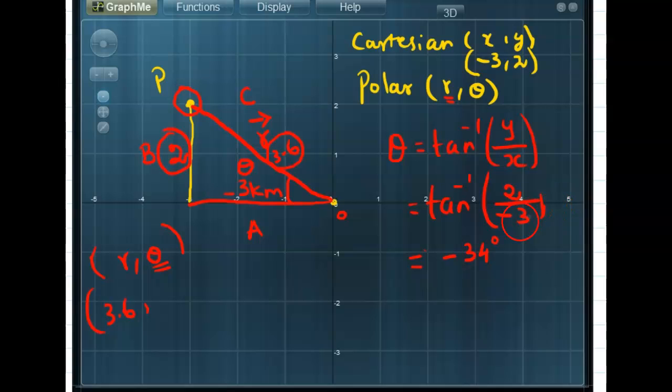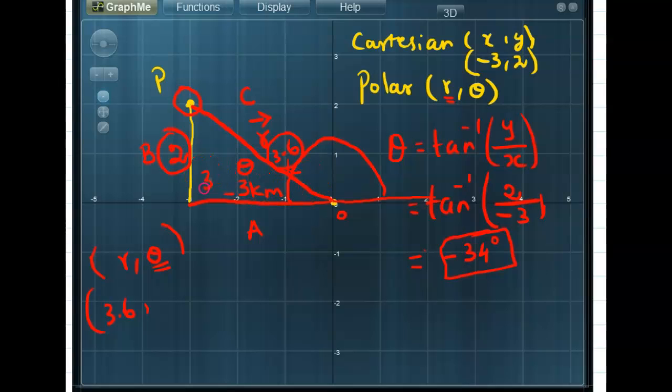For theta, I am not going to write this -34, because in the polar coordinate system, as I told you before, we always follow the direction from the x-axis to the position vector.